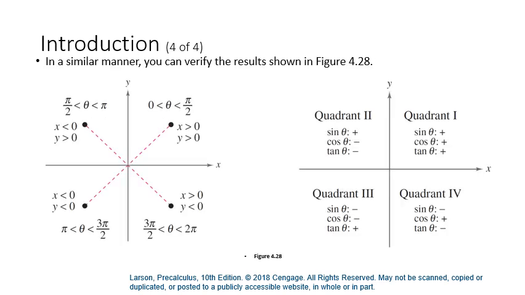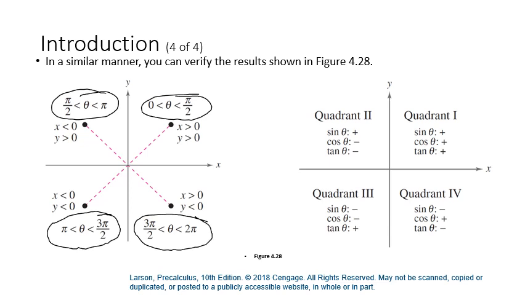If you look at this little graph, this is a visual representation of all 4 quadrants. Here you see the angle measures in radians.